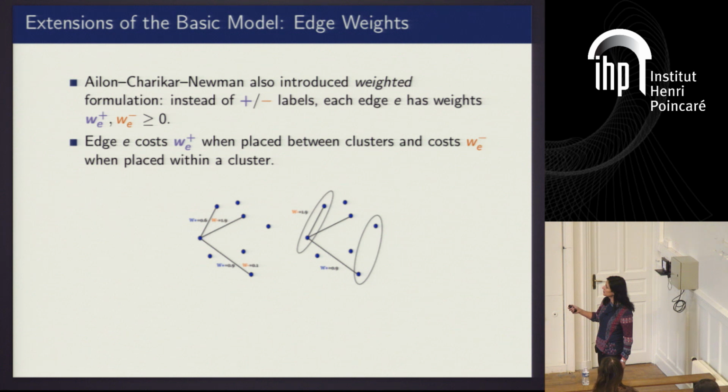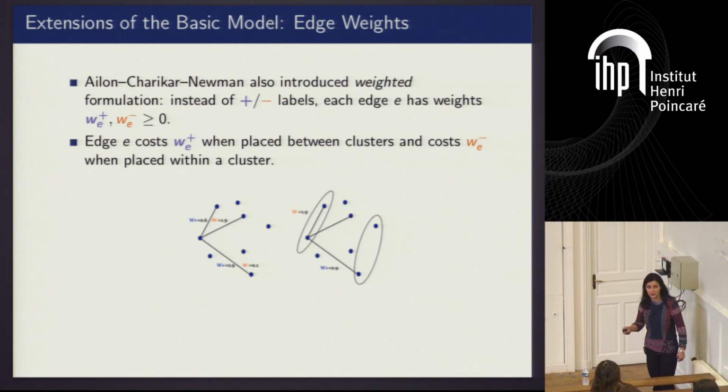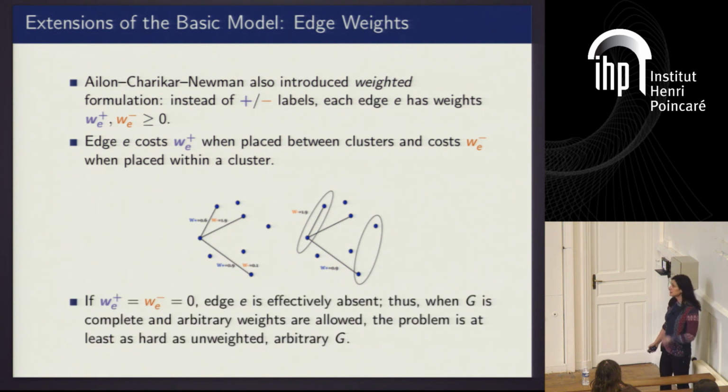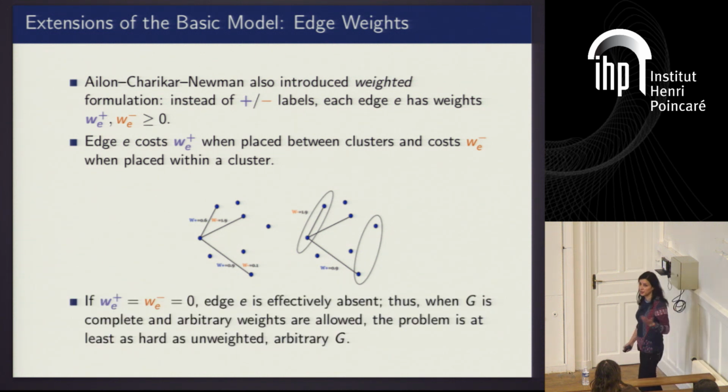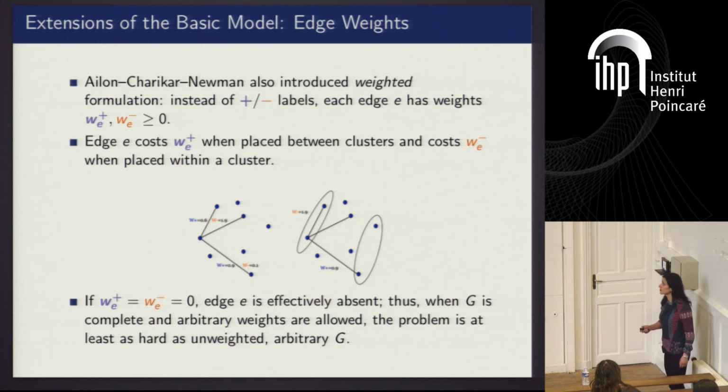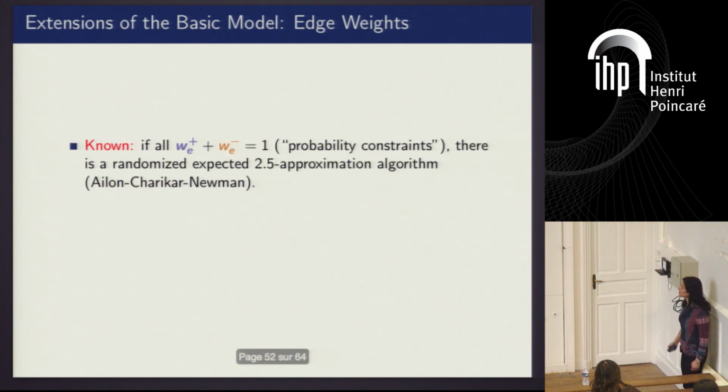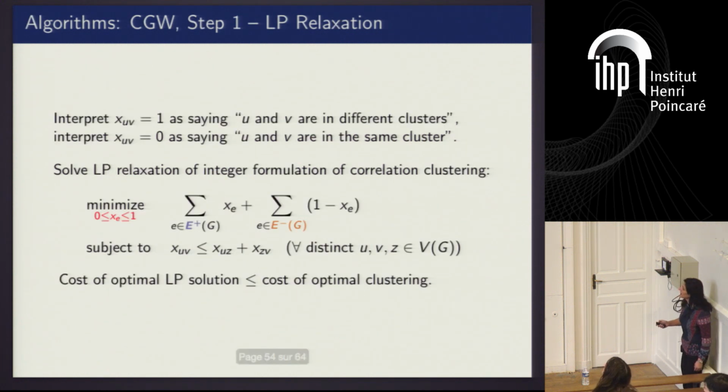So that's the cost I will pay when I put them in the same cluster. And the positive cost would be the cost I pay when I put two vertices of the corresponding edge within different clusters. And this is, again, an NP-hard problem, clearly, because the simpler version with the 0-1 weights was NP-hard. And the only results people really know in this area is when these weights satisfy some constraints. So I'll skip over that.